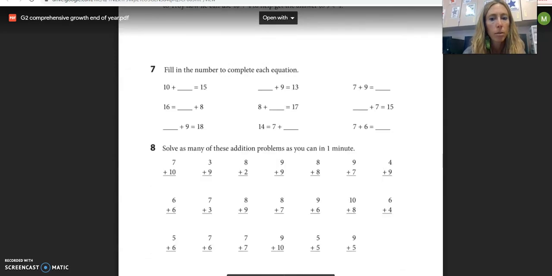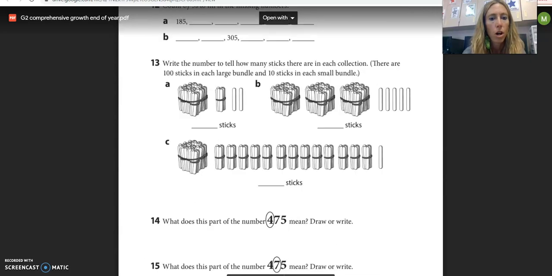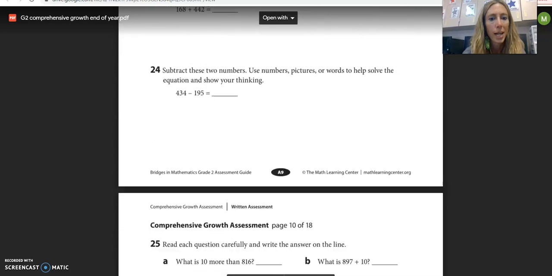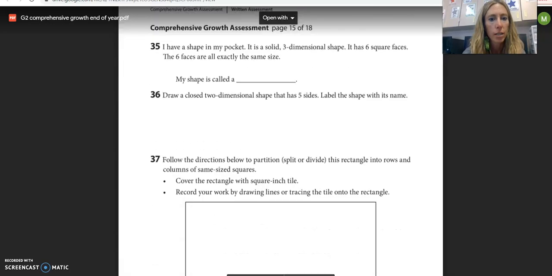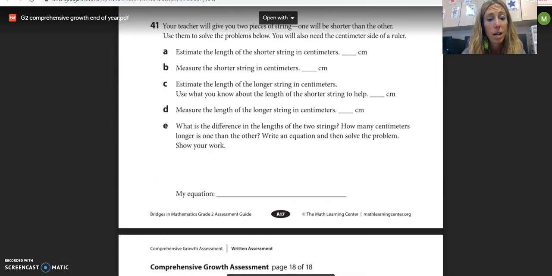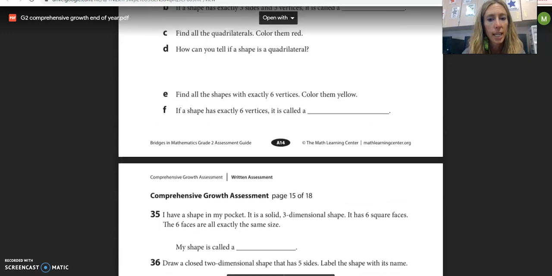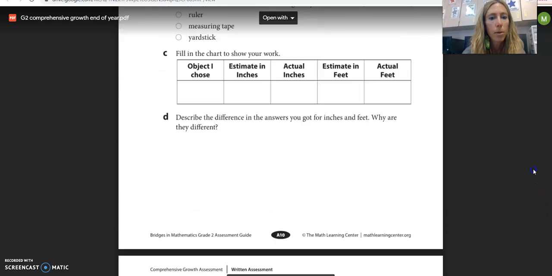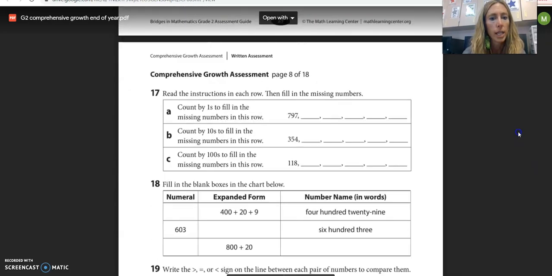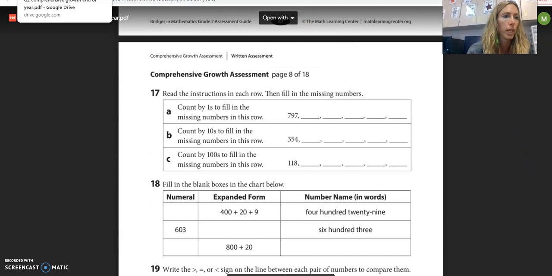There's lots of problems to look through. These are all of the grade 2 ideas in one worksheet or one assessment. But you wouldn't use it as an assessment. Like I said, you just use it as different practice problems or things you could do each day or focus on for the day.